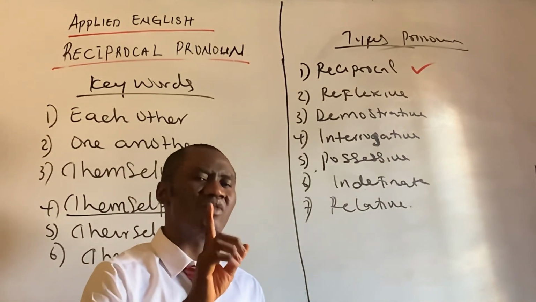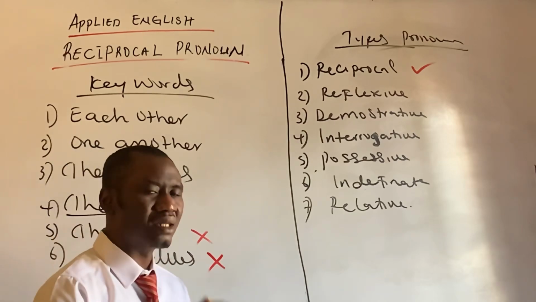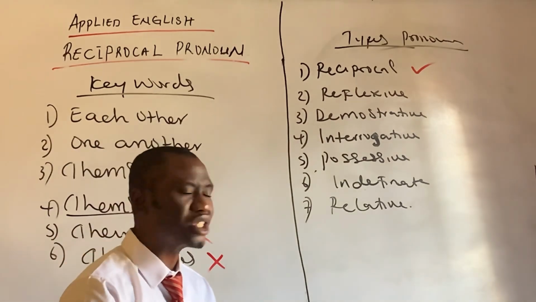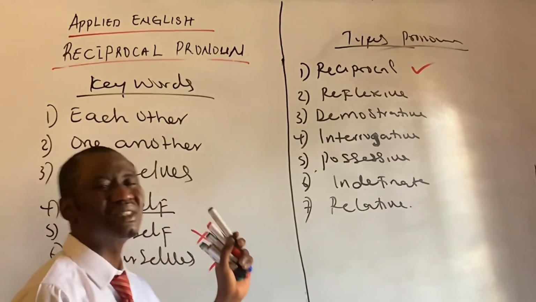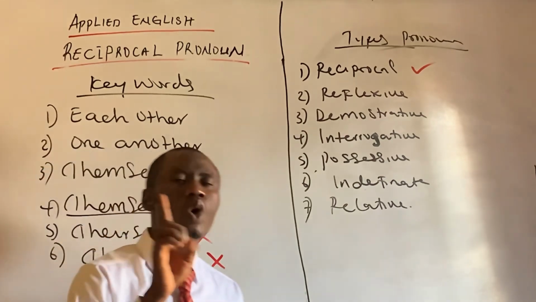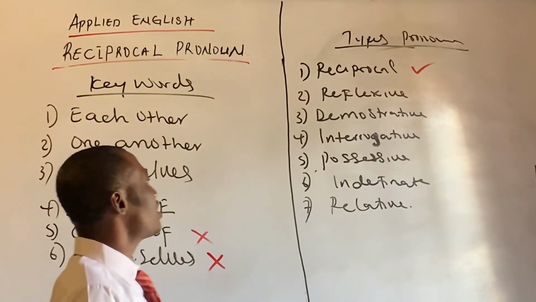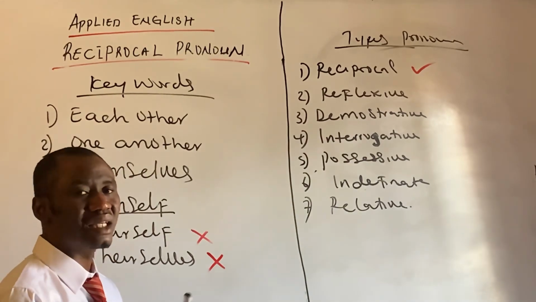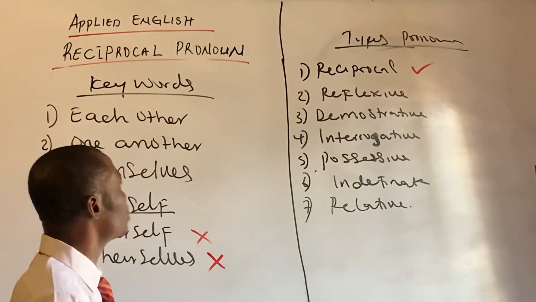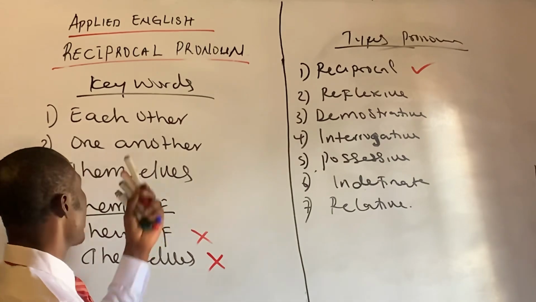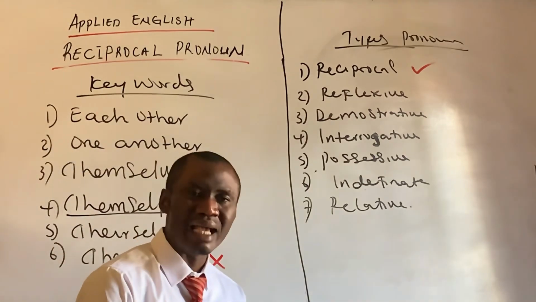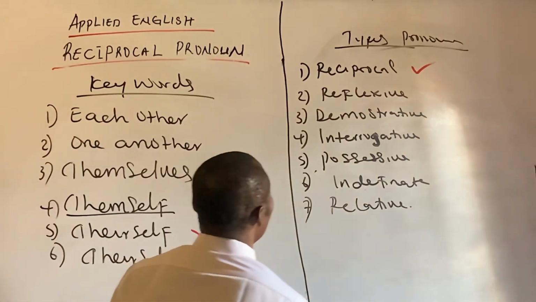The formal way of writing or speaking is themselves, which is the plural form of the reciprocal pronoun. Now, the next thing to consider in this class is when do we use each other, one another, and themselves. All right, let's explain.